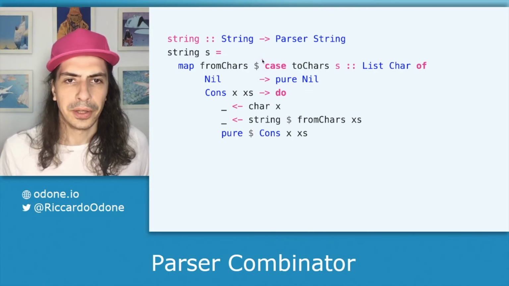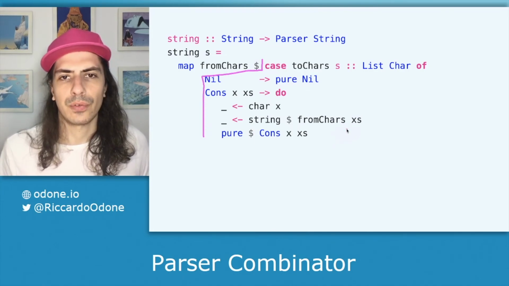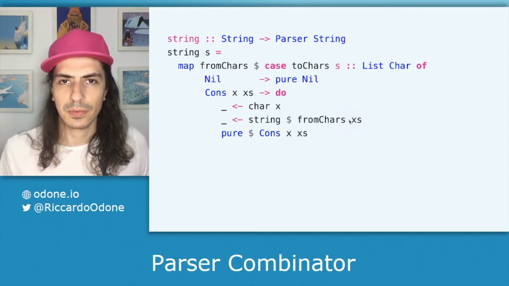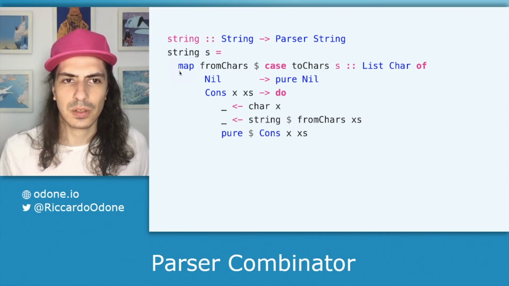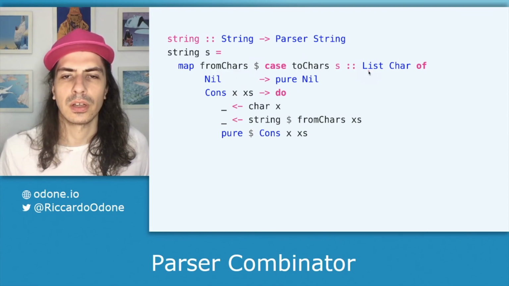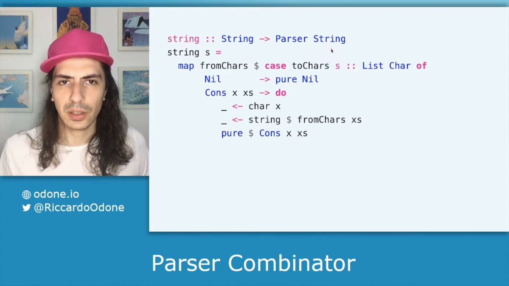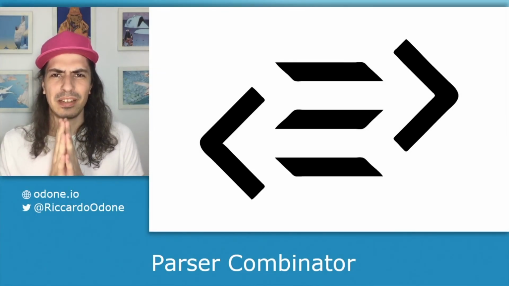Right? So here we have a parser of list of characters, but here we need a parser of string, so we use the functor instance and we map from chars, which transforms parser of list of characters to parser of string.